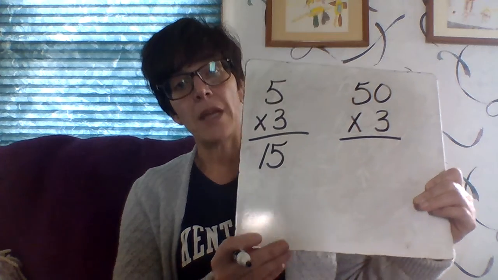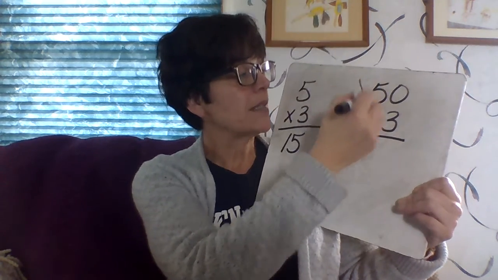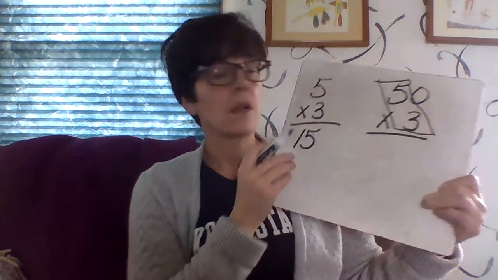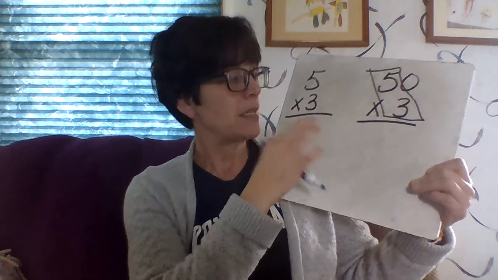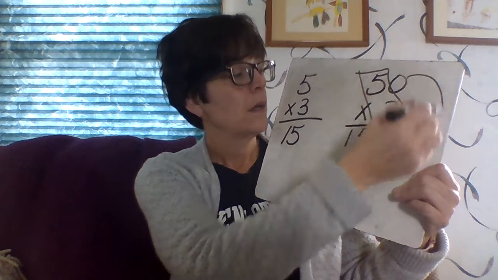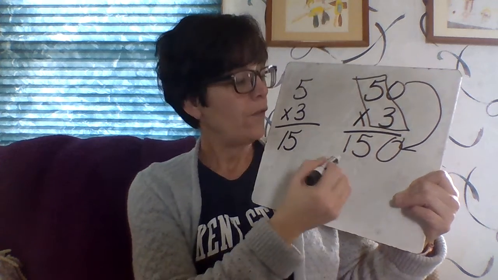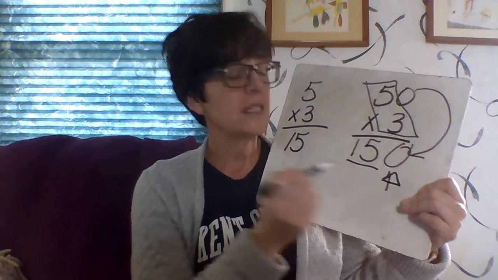We're going to do 50 times 3. I see my basic fact in here, 5 times 3. 5 times 3 is still 15. Bring the 0 on down. 150, or 15 tens.